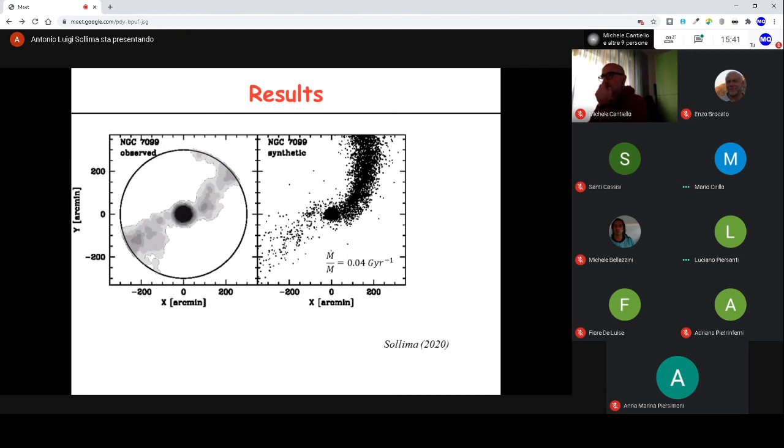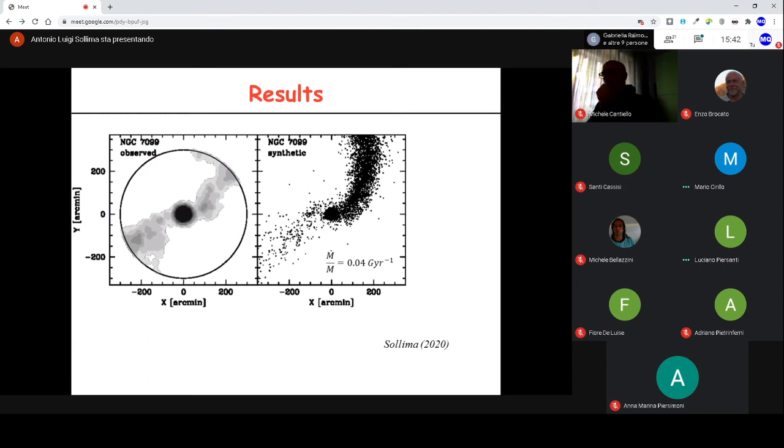Another thing which can be done is to constrain the rate of mass loss. You can see here in the left panel the observational density map of NGC 1799, for instance, and in the right panel there is an n-body simulation which has been run assuming a given mass loss rate.